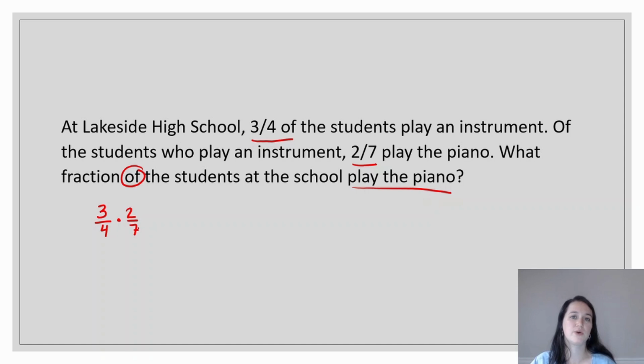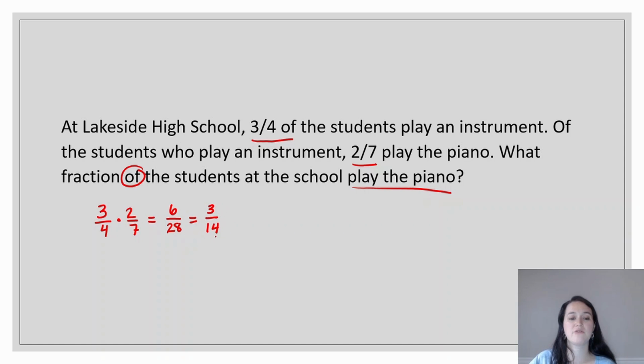If you need a review on how to multiply fractions, we have a video for that. All right, just multiply across. I get 6/28, or if you can cross cancel like that 4 and the 2, go for it. So that is actually going to become 3/14.